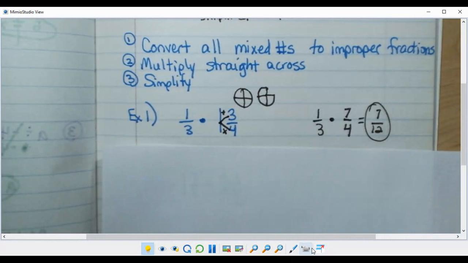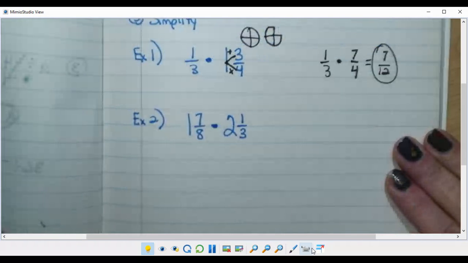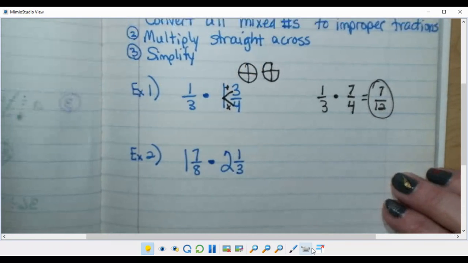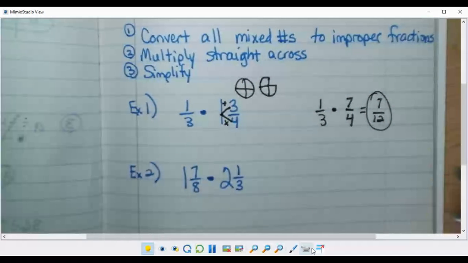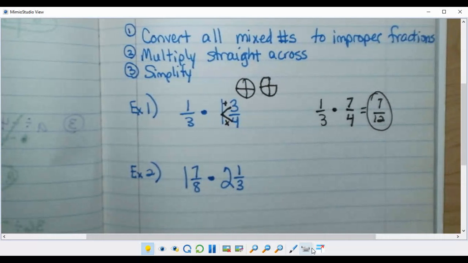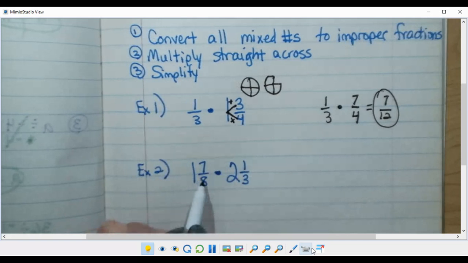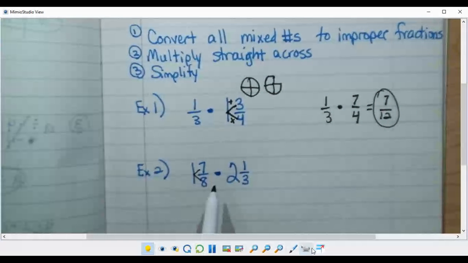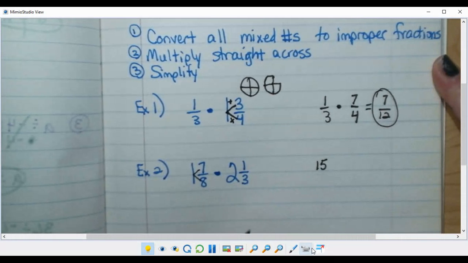Okay, let's go into example 2. This one, we have 2 mixed numbers. Let me keep the steps there for you. There we go. We got it all on the screen. So step 1, convert to improper fractions. All right, so let's go. 8 times 1, 8, plus 7, 15. That's my numerator. Keep the denominator.